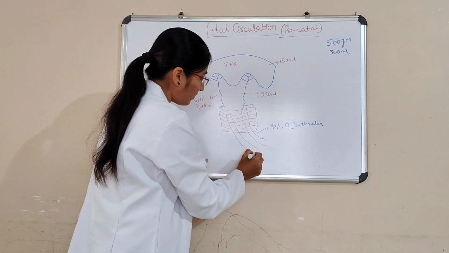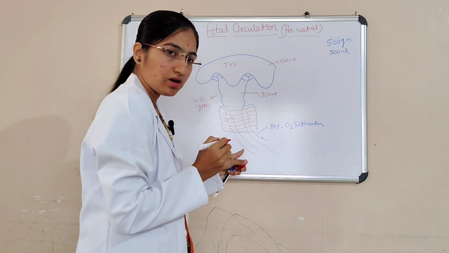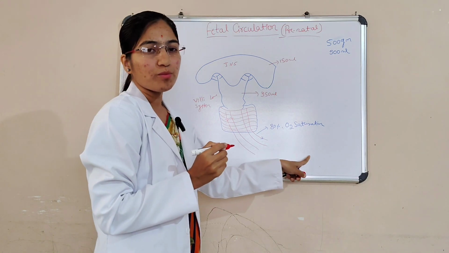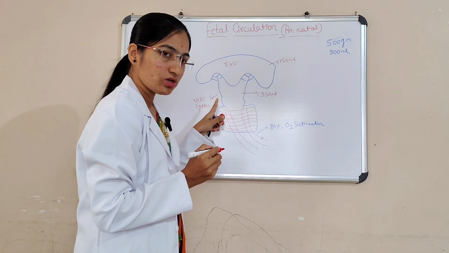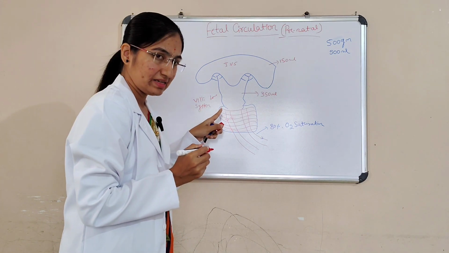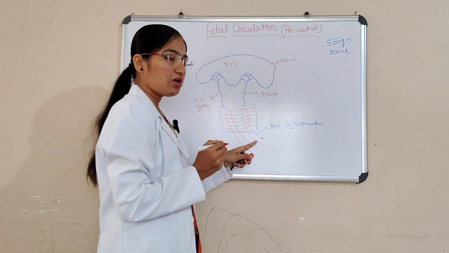These are the 2 umbilical arteries. What is the function of the umbilical artery here? Again, it carries deoxygenated blood from the fetus to the placenta. That is the umbilical artery. These two are the arteries, these two are the veins.